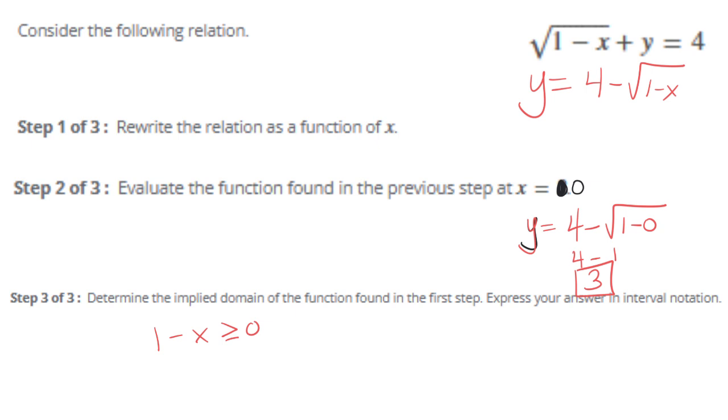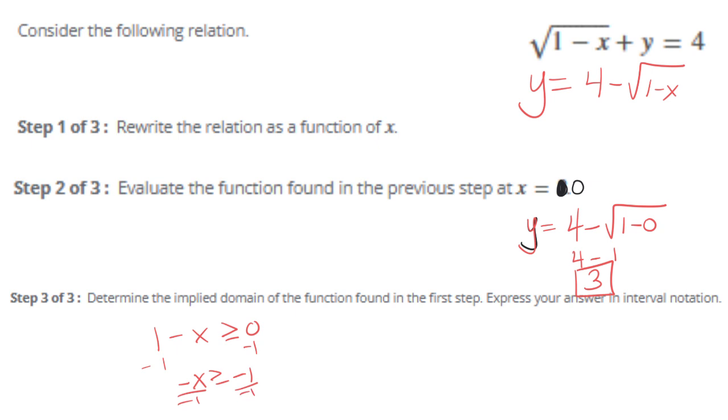Now you might be able to do this in your head again. This one's a little bit weird because it's a 1 minus x instead of an x minus 1. A couple ways that you could do this. You could add the x to the other side, and that would be fine. You could subtract the 1, and then you'd have a negative x is greater than or equal to negative 1, but you'd have to divide by a negative 1.